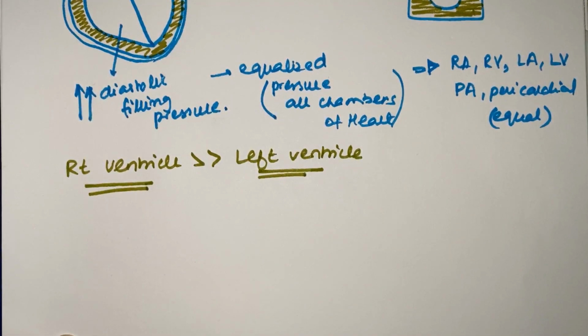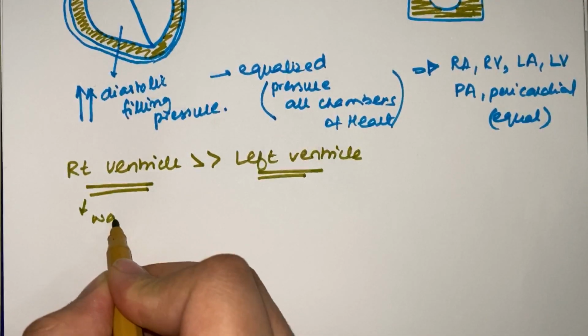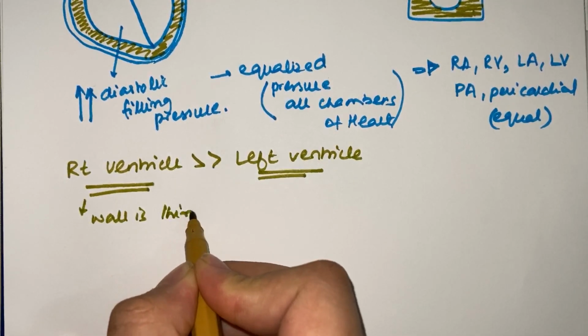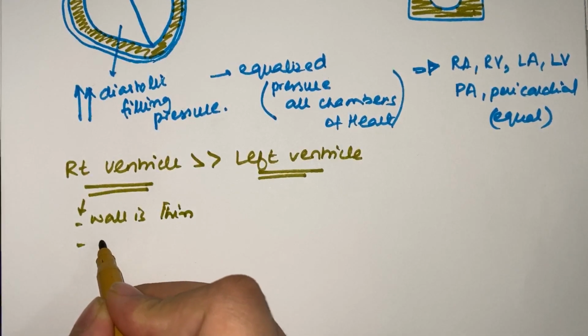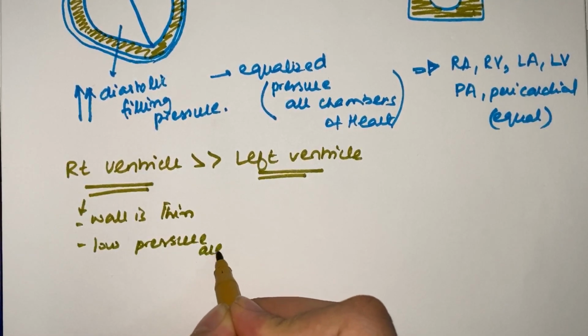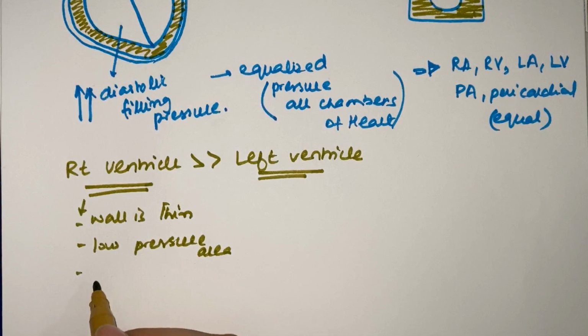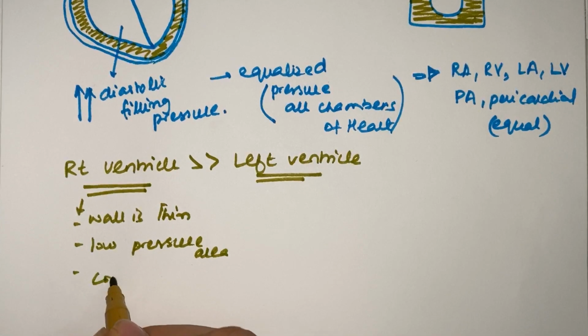Why? Because there are many points. First of all, the right ventricle wall is thin. Second, the right ventricle is a low pressure area. Thirdly, because of these two factors, it can easily be compressed.